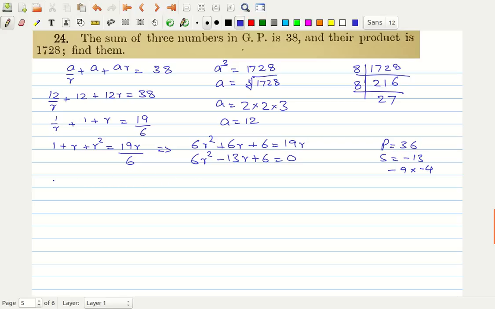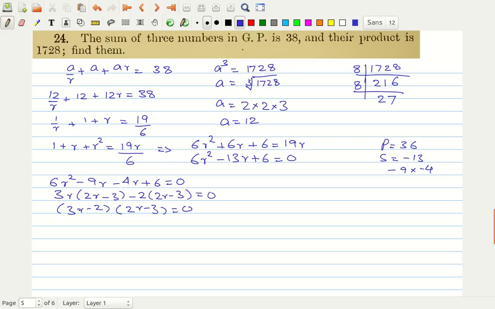So 6R square minus 9R minus 4R plus 6 is equal to 0, and I can take 3R out. So this is 3R times 2R minus 3 minus 2 times 2R minus 3 is equal to 0, and from here we get 3R minus 2 times 2R minus 3 is equal to 0.